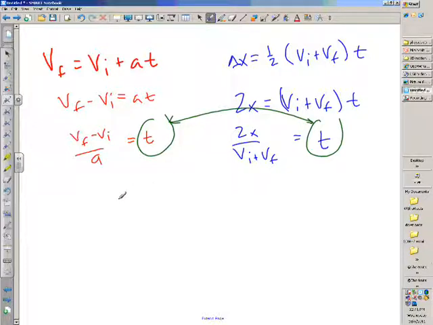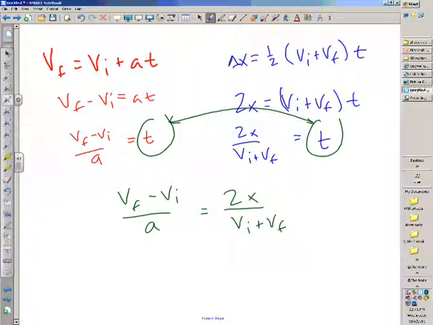So let's start off with VF minus VI over A has to be equal to 2x divided by VI plus VF. And now I'm going to rearrange this expression and get VF by itself. So once again, you are not responsible for this derivation. You won't have to do it on the test, but I want you to see where it comes from. The math gets a little bit tricky, but we'll see if we can follow it.